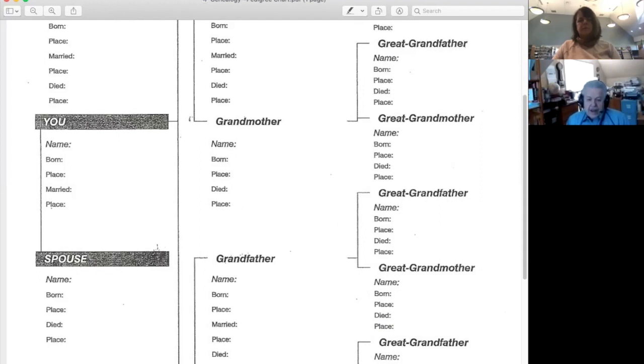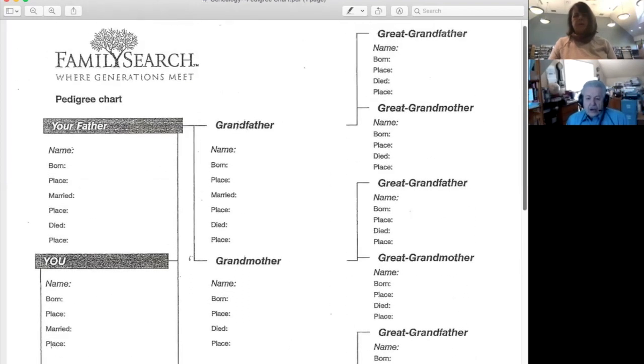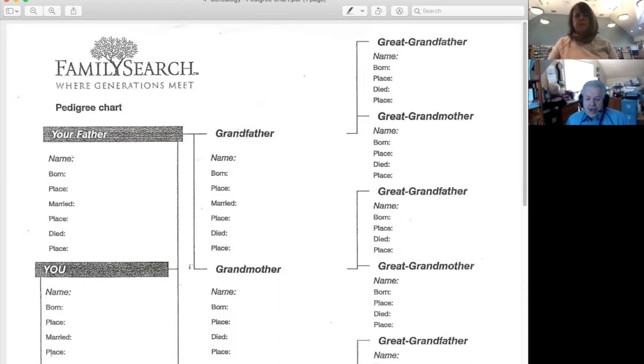So let's go back up to the top and look at your grandfather's father on your father's side, or in other words, at the top of the right-hand column, great-grandfather. And again, there's nothing new here.